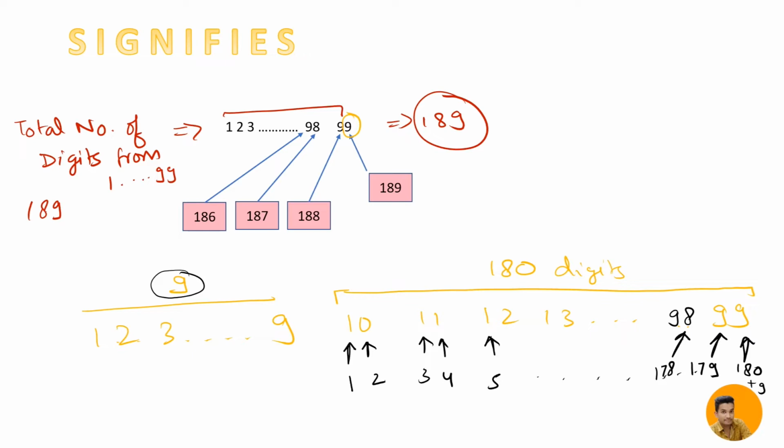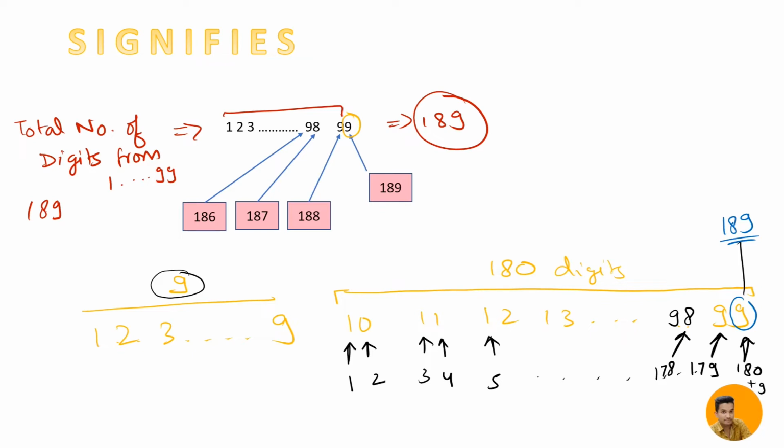So this would be 189, because you have added 9 more digits and the position shifts by a gap of 9. So this would be the 189th. I hope I am clear.